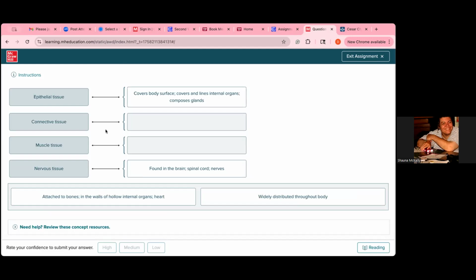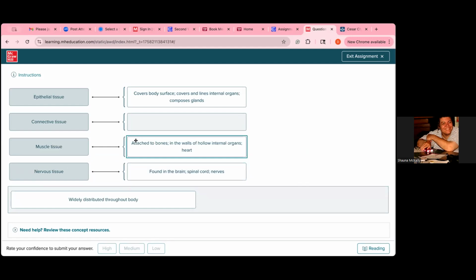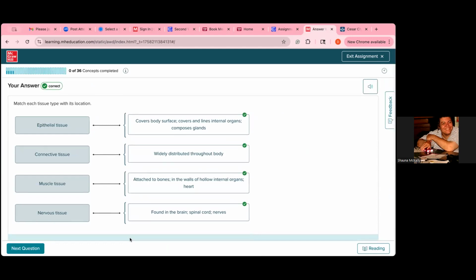And widely distributed throughout the body would be connective tissue, because there are different kinds of connective tissue in different places.